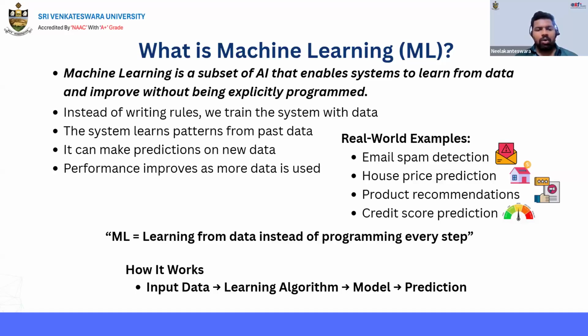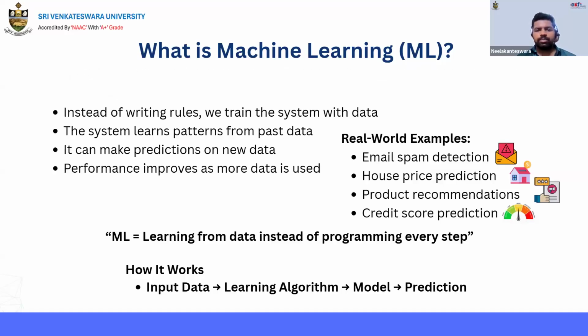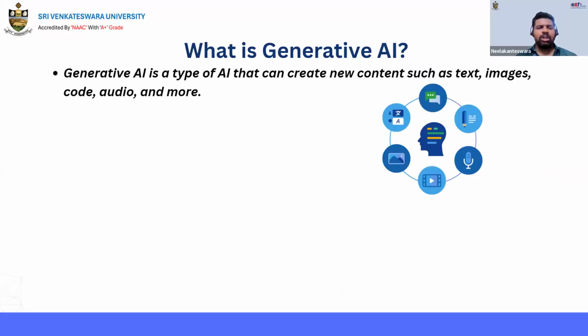Now we see one more important thing, that is generative AI. Generative AI is a part of AI only, a type of AI. But instead of predicting or behaving intelligently, it is going to create new content in the form of text, images, code, audios, videos.